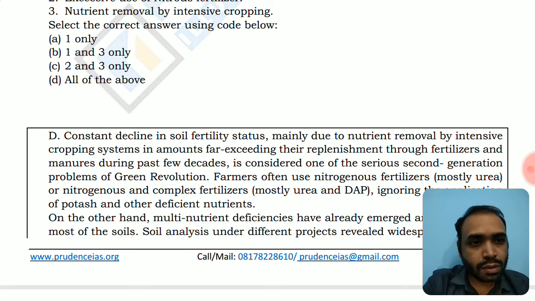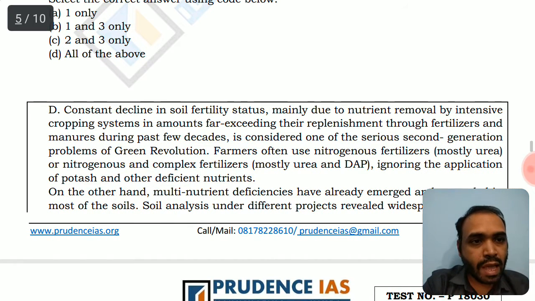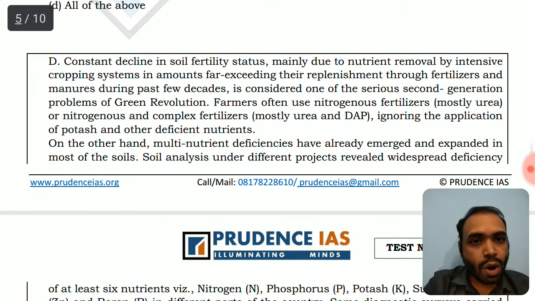Farmers often use nitrogenous fertilizers, mostly urea, or complex fertilizers, mostly urea and DAP, ignoring the application of potash and other nutrients. So there is a need to balance the application of fertilizers, especially nitrogen. We need to control the excessive nitrogen applied to the soil. On the other hand, multi-nutrient deficiencies have already emerged and expanded in most of the soils.